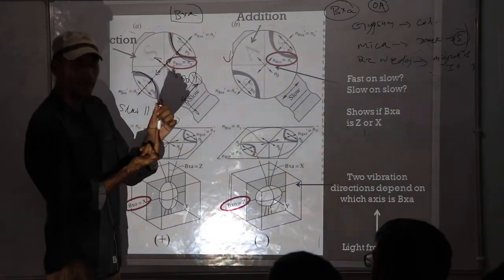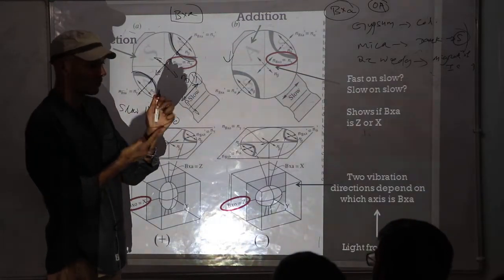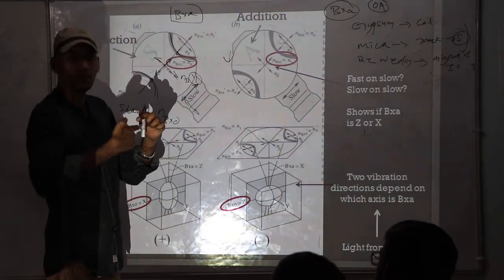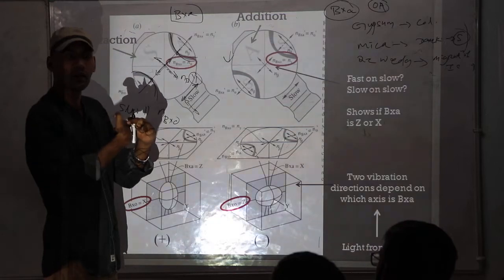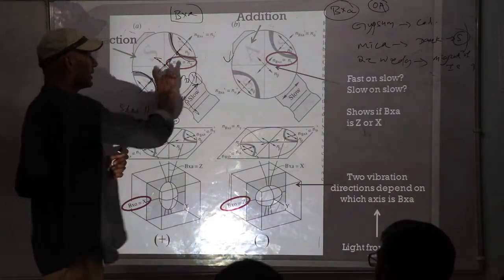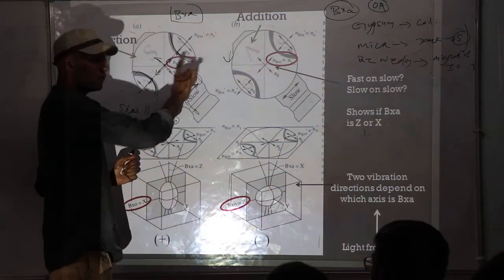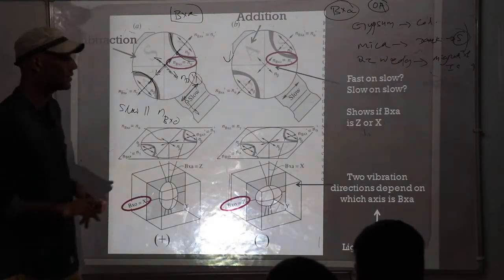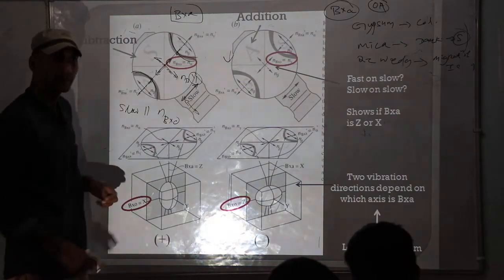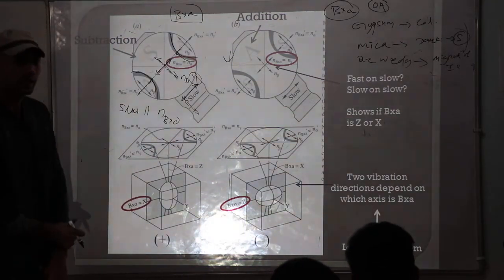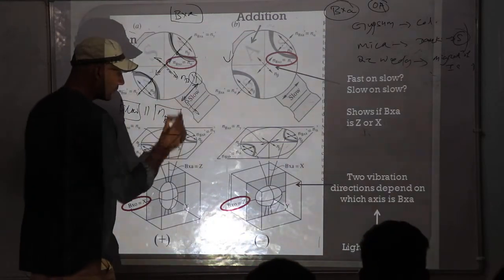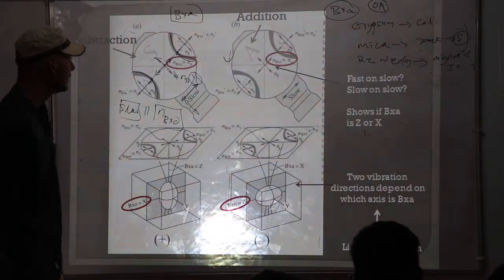So the light ray is migrating parallel to BXA. So there are two vibrations. One is BXO, one is perpendicular to BXO, or perpendicular to the optic plane, which is Y. That is fixed. If this one is BXO, we have to find out whether BXO is slow or fast. Then we can know which one is the BXA. Then we can know the mineral is positive or negative. Got that? Slow is parallel to n BXO.